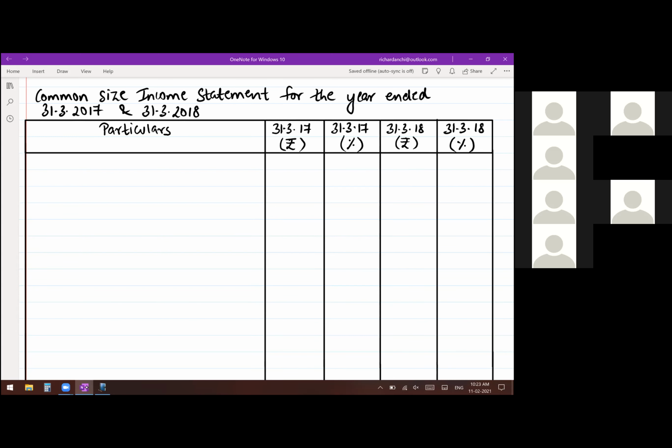All incomes on top minus all expenses. So starting with sales, write down only amounts to be written first. Sales for 2017, it is 2 lakhs. And for 2018, 2,50,000.